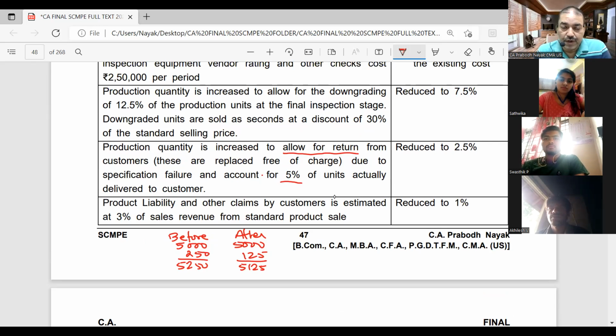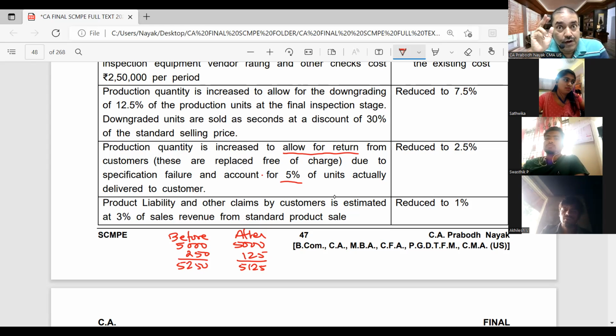Now let us look at the downgradation part. Wordings are very important. How you interpret those wordings will change your calculations. Production quantity is increased to allow for the downgrading of 12.5% of the production units at the final inspection stage. What is the meaning of this? Production quantity is to be increased.